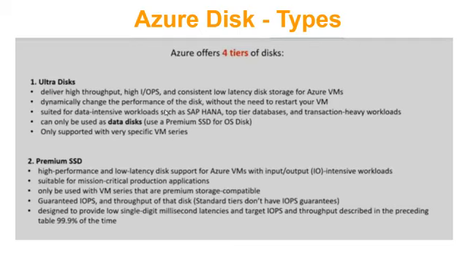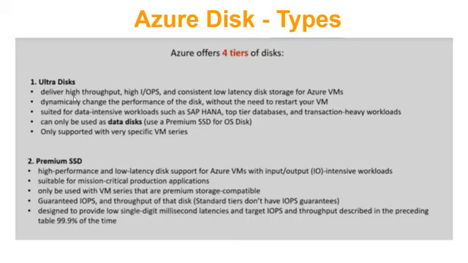So if you want to use the performance as per your requirement, in that case you can dynamically change the performance of the disk without restarting your VM. So that is the benefit of using Ultra Disk.